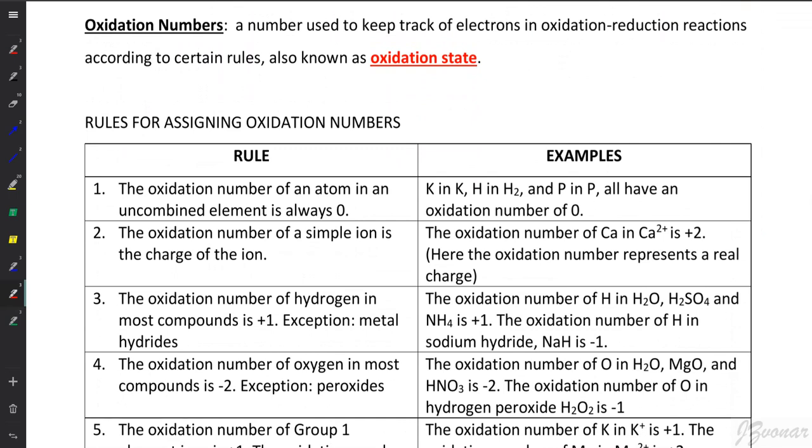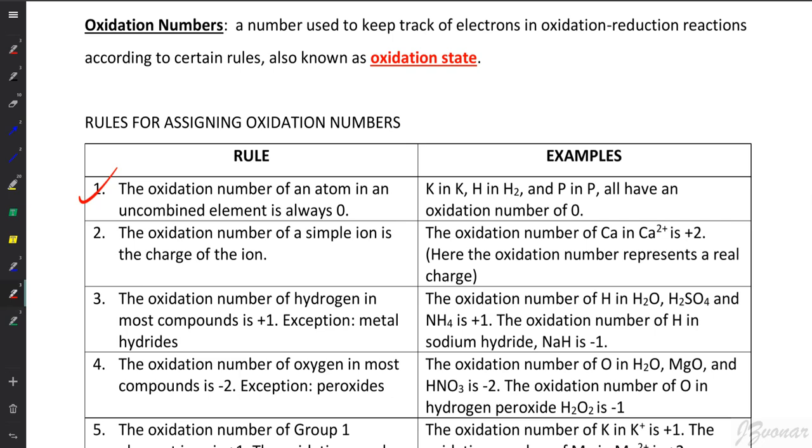Some of them are pretty straightforward and they make sense, with some examples in the second column here. The first one is that any element in its elemental form, so it's not combined with any other element, is always going to be assigned an oxidation number of 0. If we look at potassium, hydrogen, even though it's a diatomic molecule of H2, it's still going to be given an oxidation number of 0.